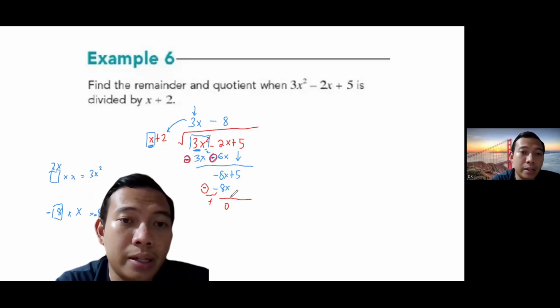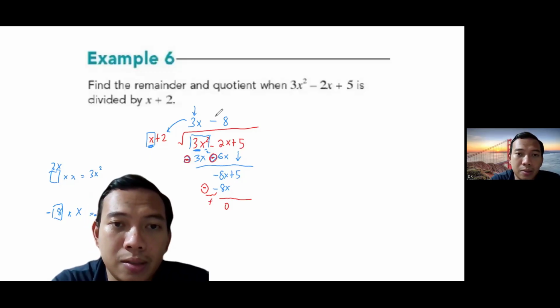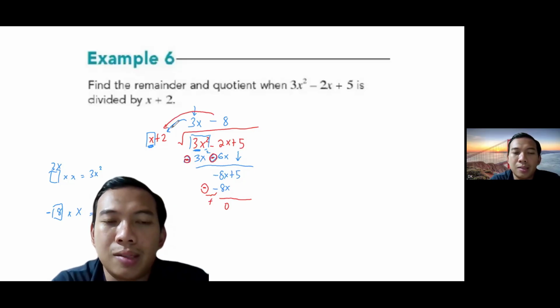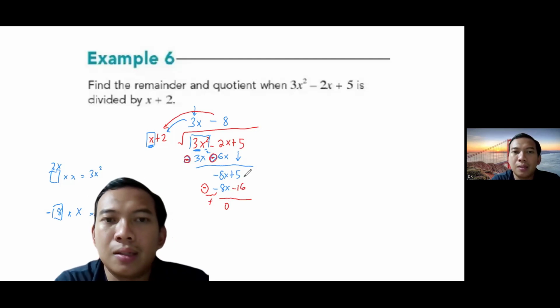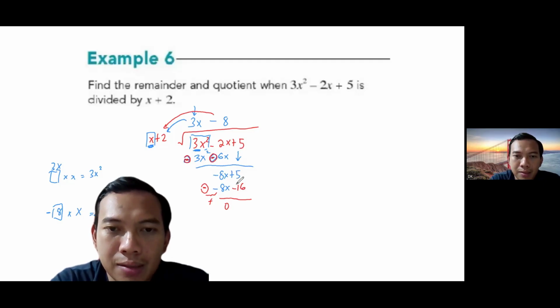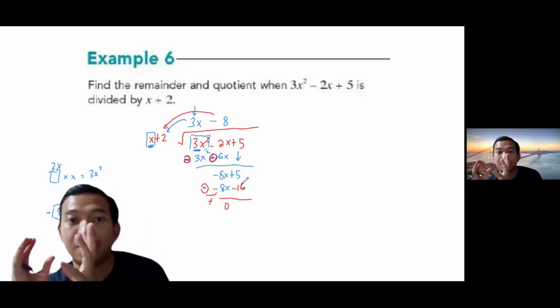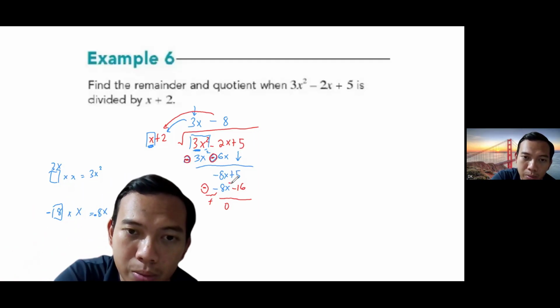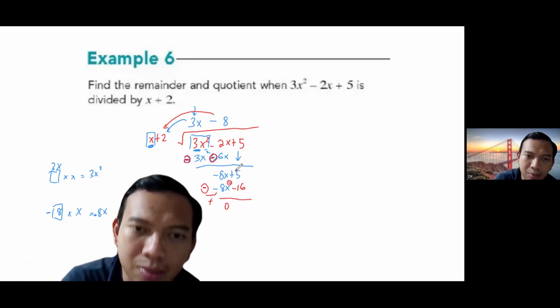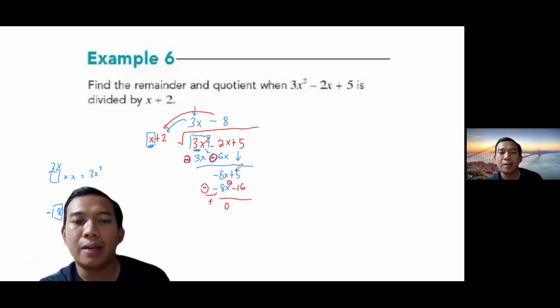But we are not done yet. Because why? This minus 8 we also need to times with the 2. So minus 8 times 2, you get a minus 16. Minus 8 times 2 is minus 16, but again, don't forget there will also be a minus automatically there.